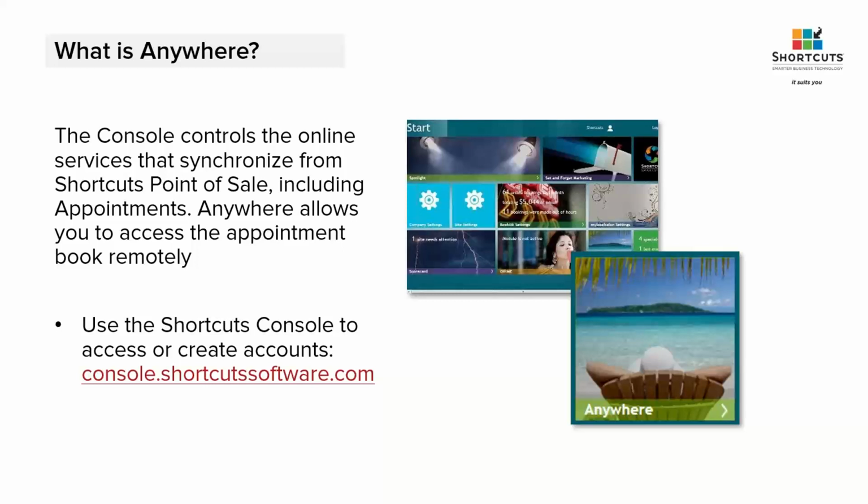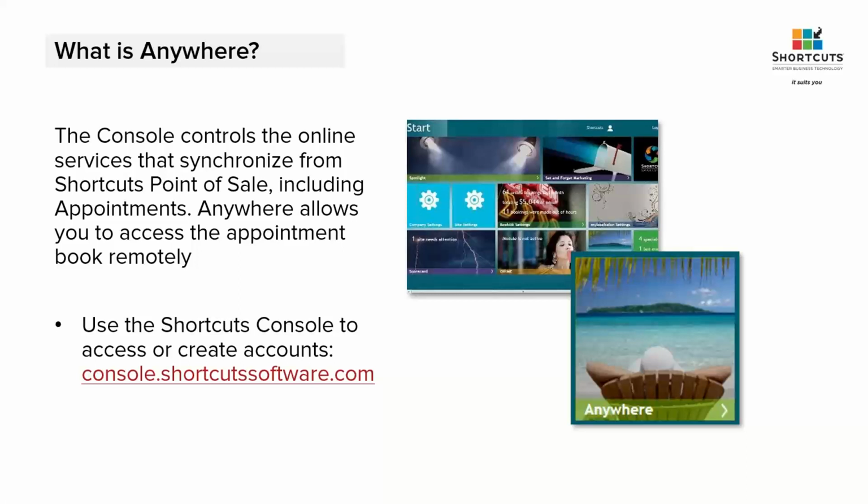There's a person that's lounging in a sun chair, and that's called Anywhere. So that's where you would go to take a look at your appointments for the week. Now, this is what it looks like on the computer. When you log into the Shortcuts console on a mobile device, by default, you go right into Anywhere. So it just shows you your schedule or your appointments right away.